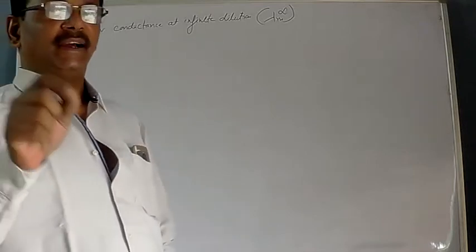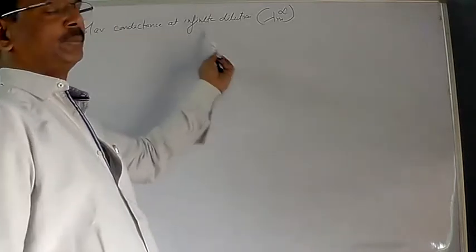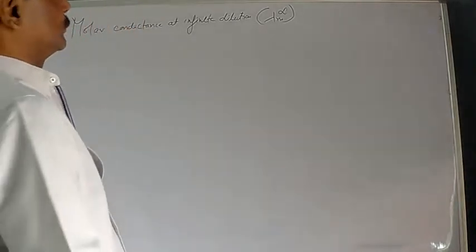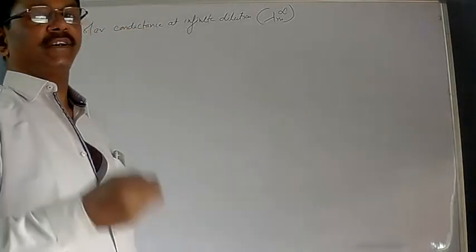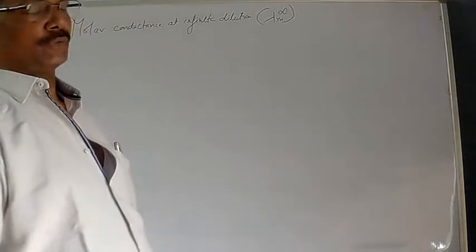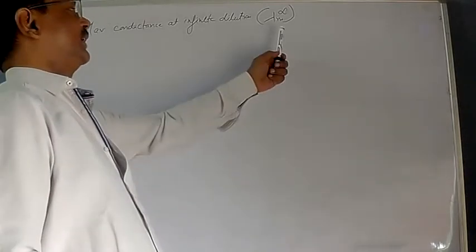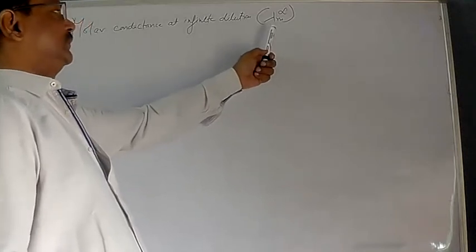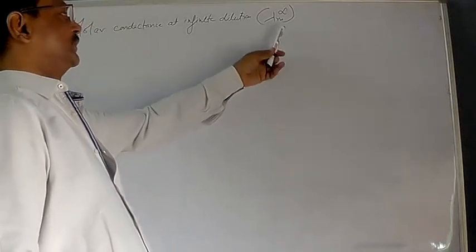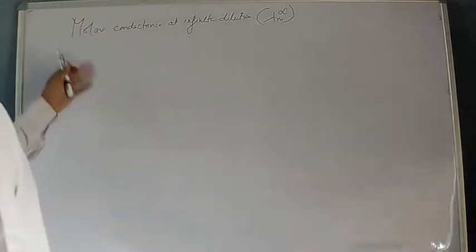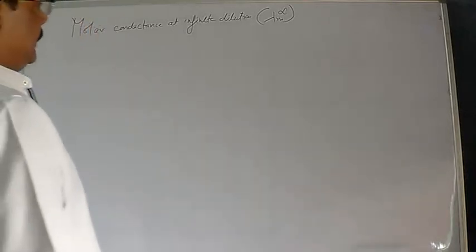So it is believed that at infinite dilutions, whatever may be the electrolyte, strong electrolyte or weak electrolyte, they almost get 100% dissociated. So at infinite dilution, the molar conductance can be accurately calculated. So that's why we are going to study molar conductance at infinite dilutions.